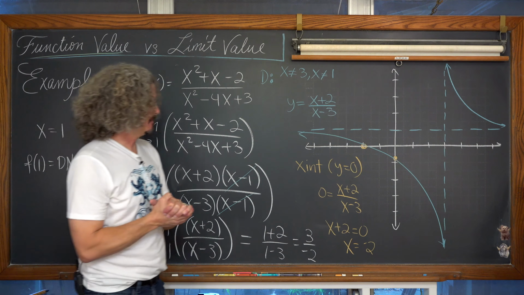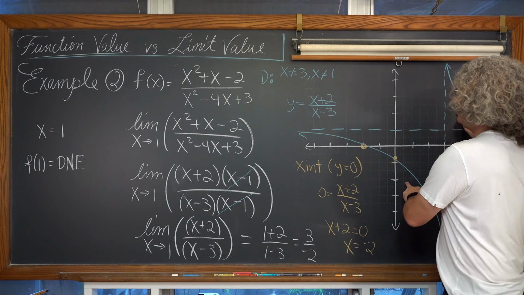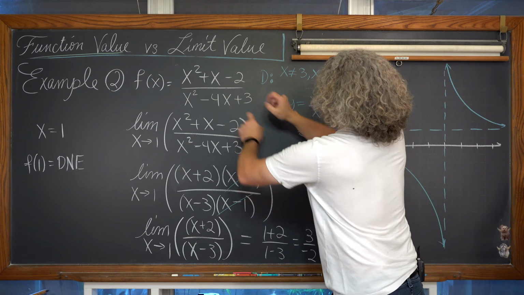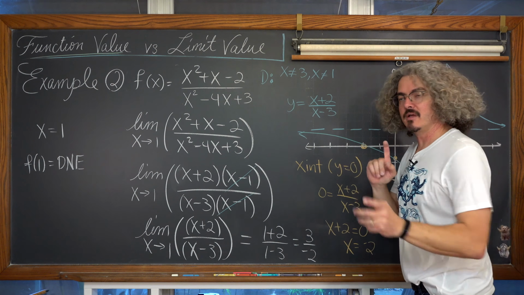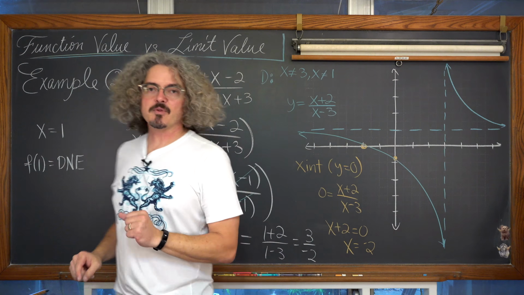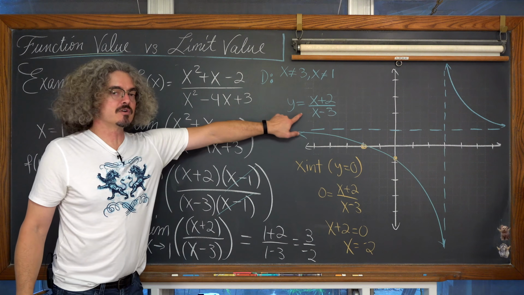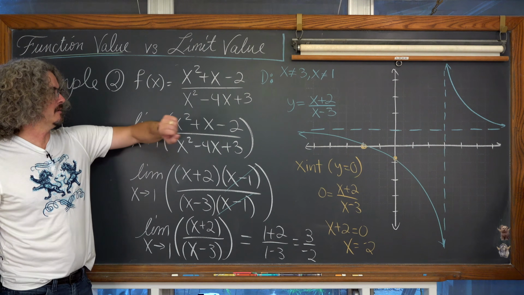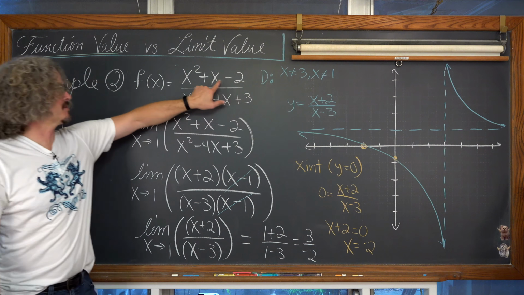But this is not a graph of the original function. This is a graph of our reduced function. There is a difference. It comes from the fact that we had a factor of x minus 1 cancel out. This blue function is said to agree, because it was basically derived from the original function.